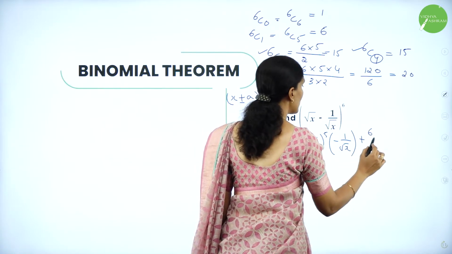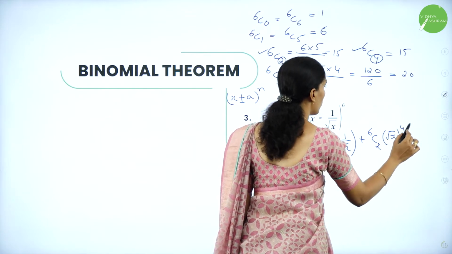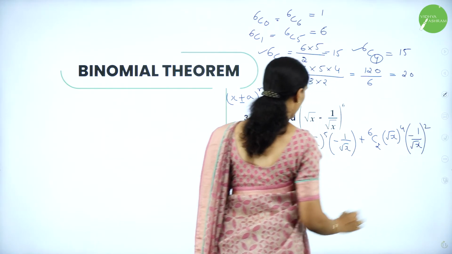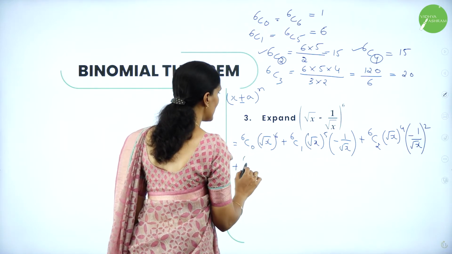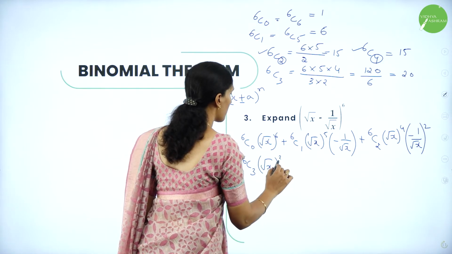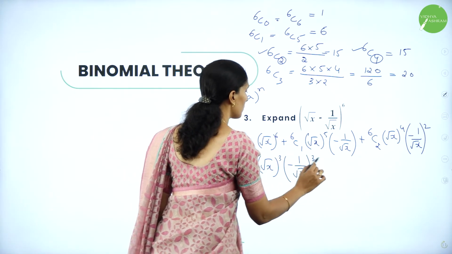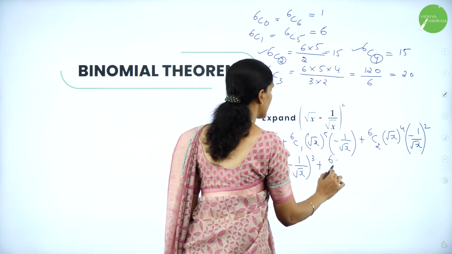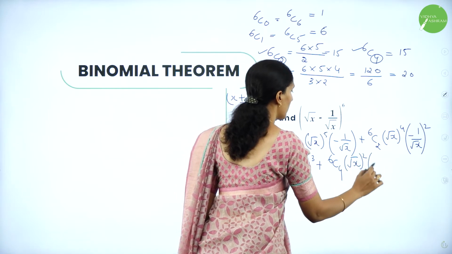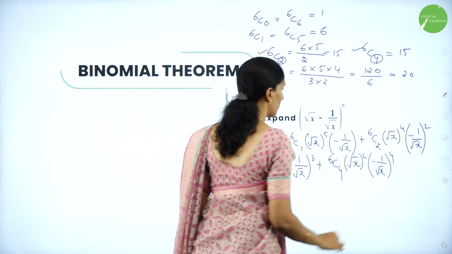Next, you have 6c2 root x whole power 4 minus 1 by root x whole power square plus 6c3 root x whole cube minus 1 by root x whole cube plus 6c4 root x whole square minus 1 by root x whole power 4.